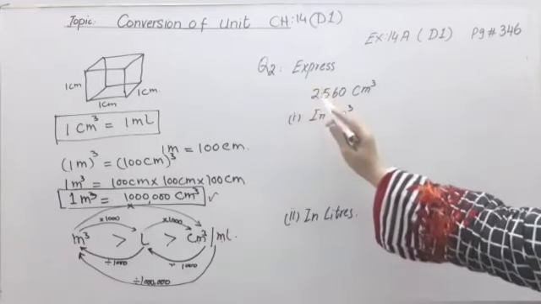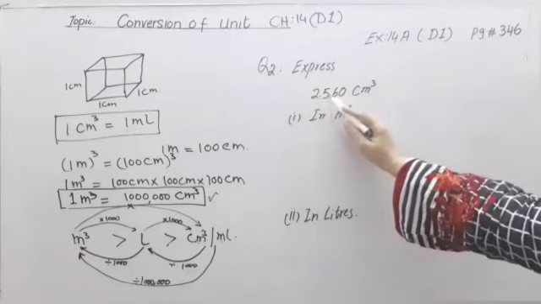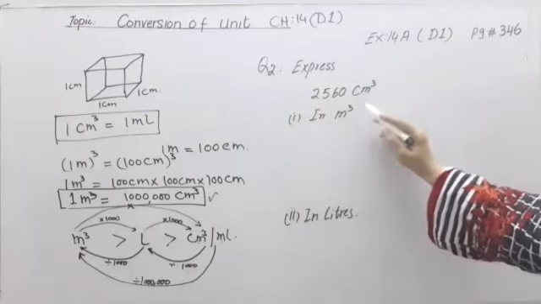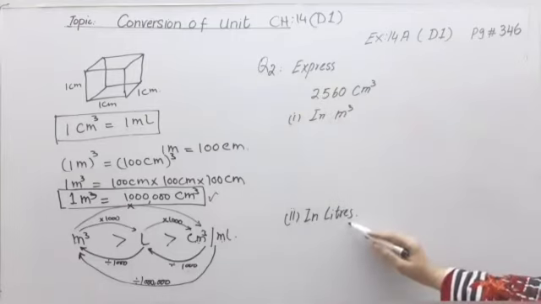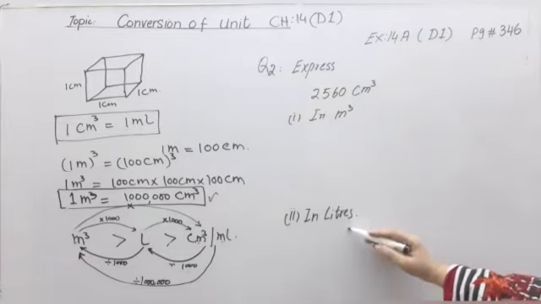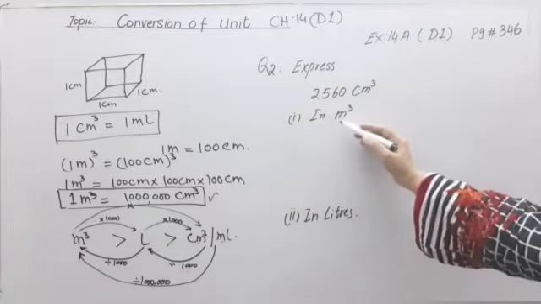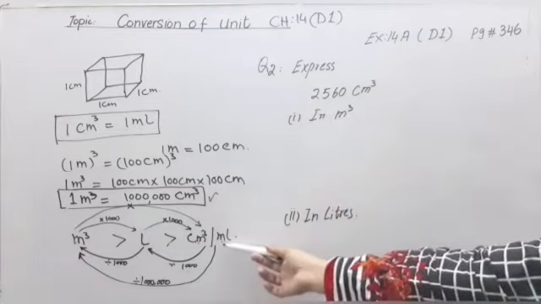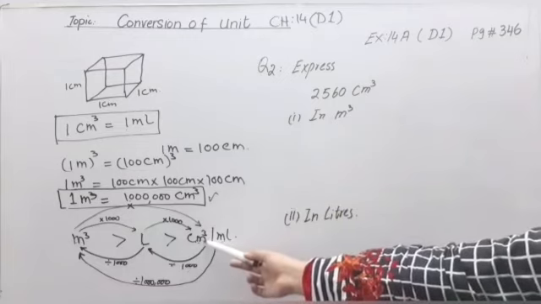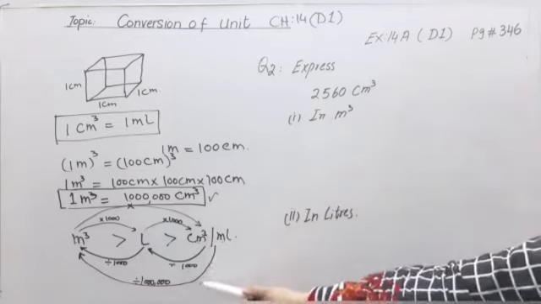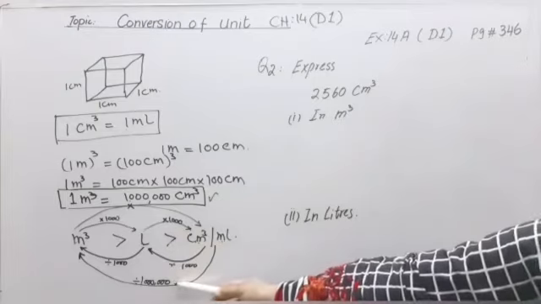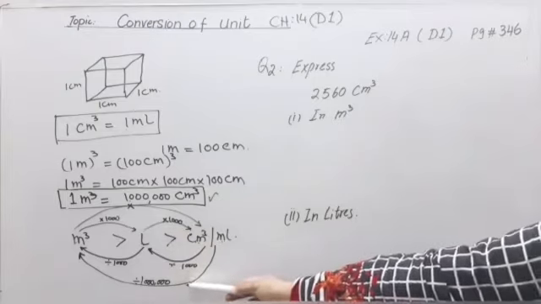Question number 2: express 2560 cubic centimeter in cubic meter, and the second part is in liters. In cubic meter, now we see our web, and here cubic centimeter, when we convert into cubic meter, we basically divide it by 1 million.